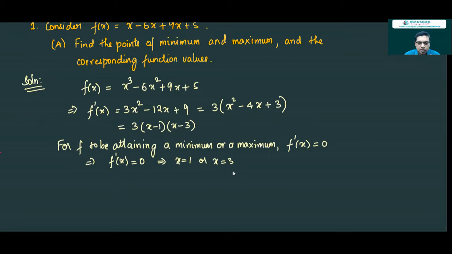So at these 2 points, x equal to 1 and x equal to 3, the derivative is 0. Now will it be maximum or minimum? Let us check. For that, we apply the second derivative test.